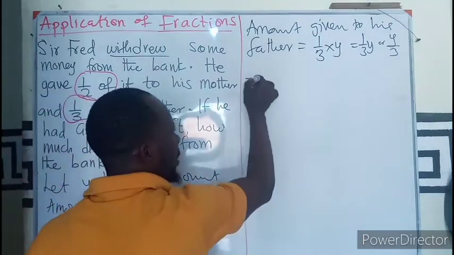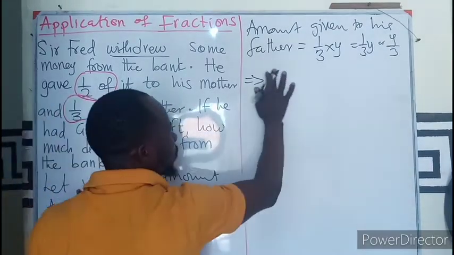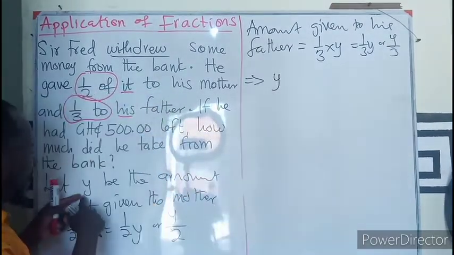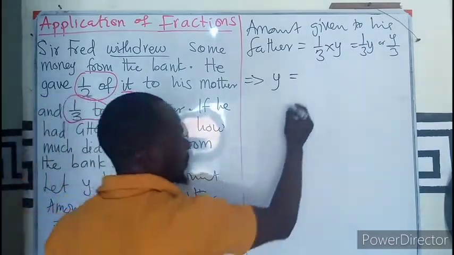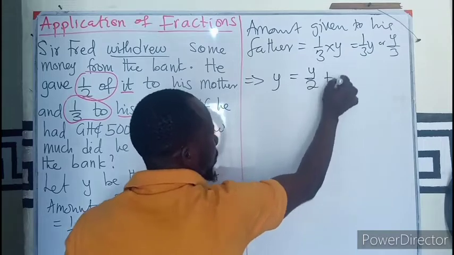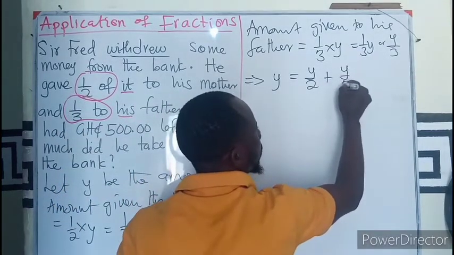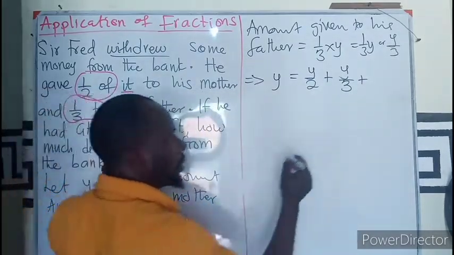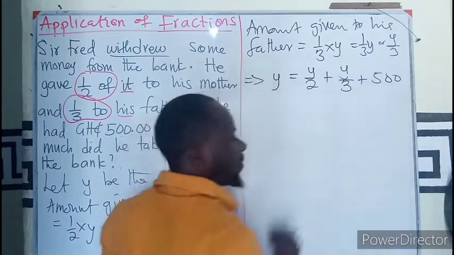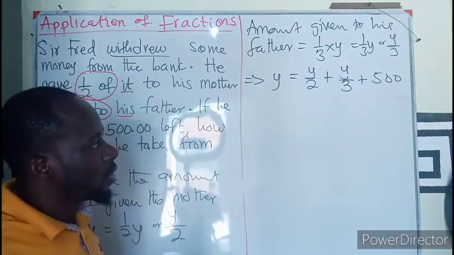This implies that the amount I have taken, which I have labeled here as y, is equal to the amount I gave to the mother plus the amount I gave to the father plus the amount left for me, which is going to be 500. I'll write that without the unit, the Ghana cedis.